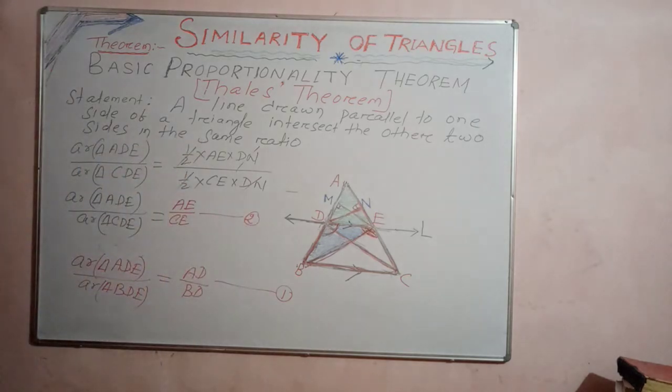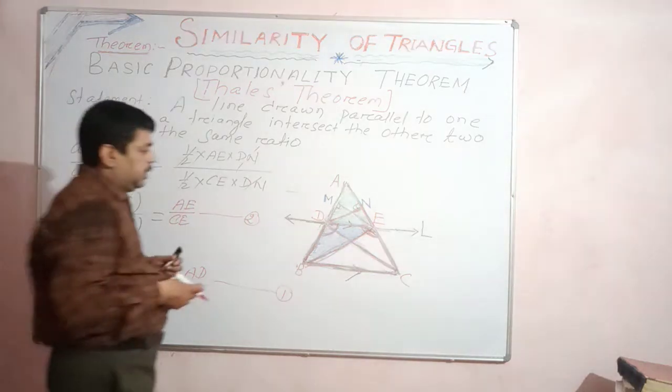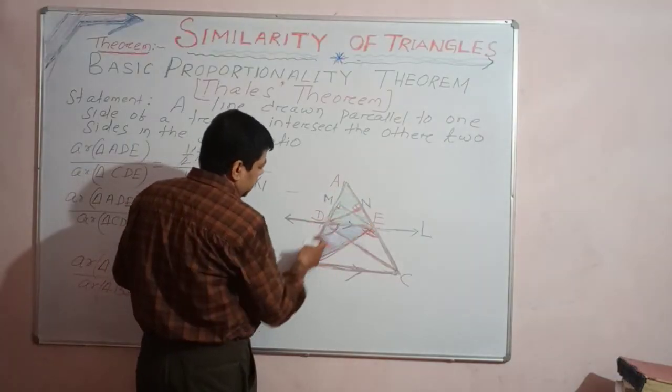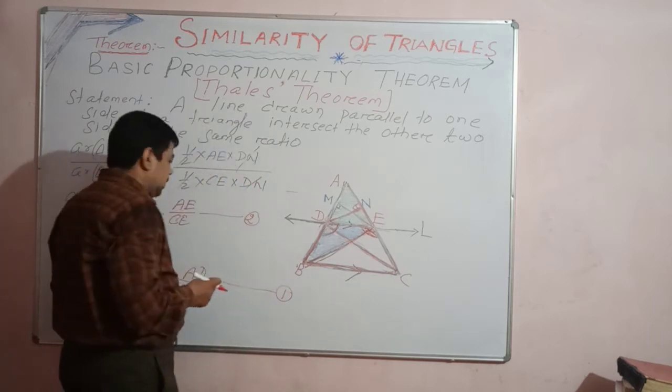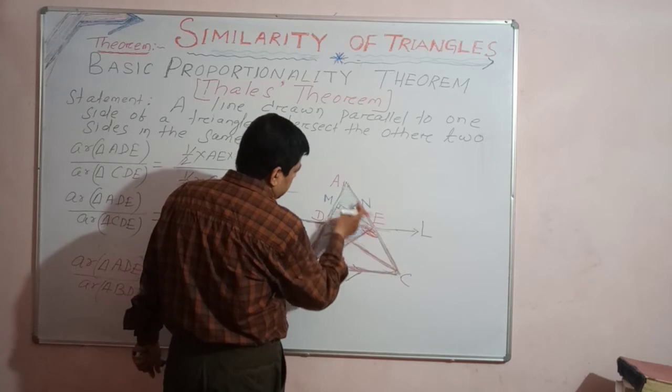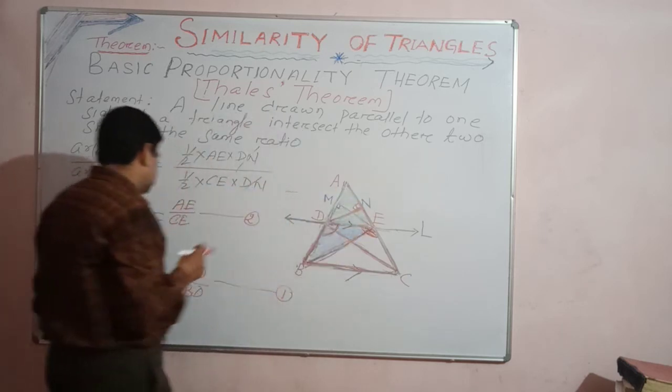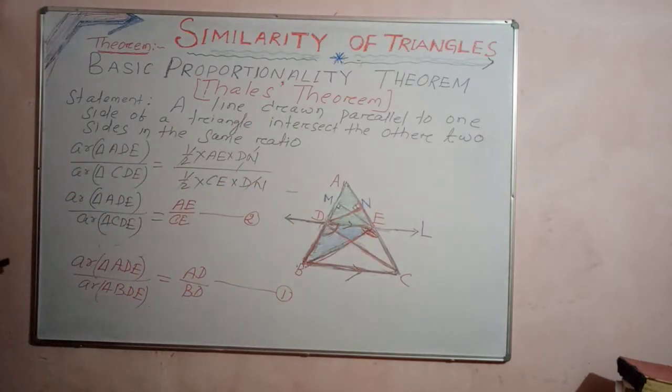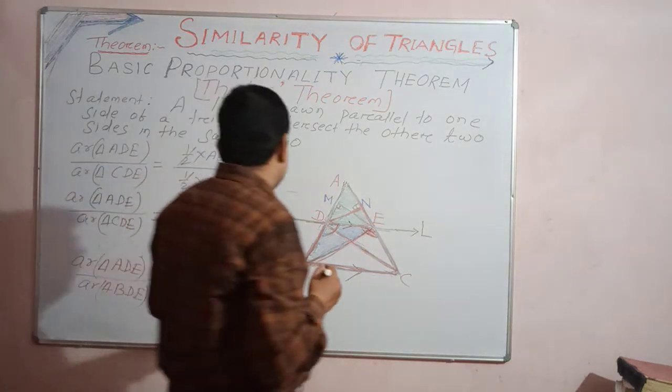So we got equation 1 and 2. Area of triangle ADE by area of triangle BDE is equal to AD by BD, and area of triangle ADE divided by area of triangle CDE is equal to what? AE by CE. Okay, understand? So what you got here?